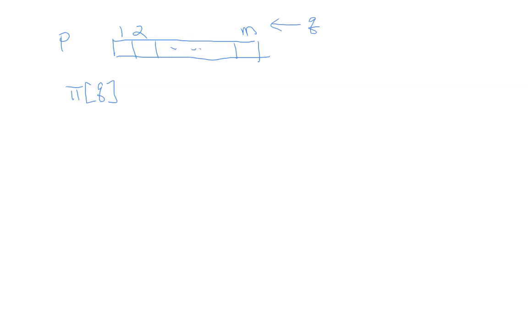So of course, when I have q here, I want to know whether this portion and that portion are the same. So we just need to look at the previous k. Let's look at the pseudocode.